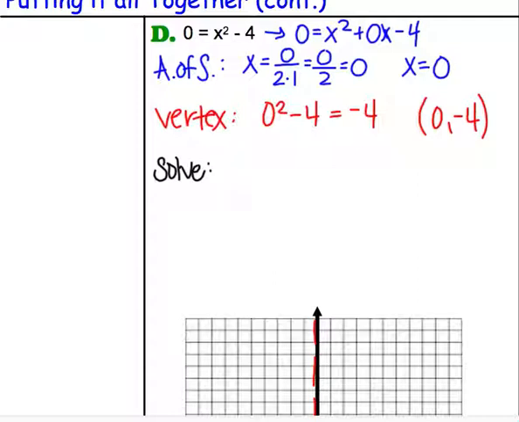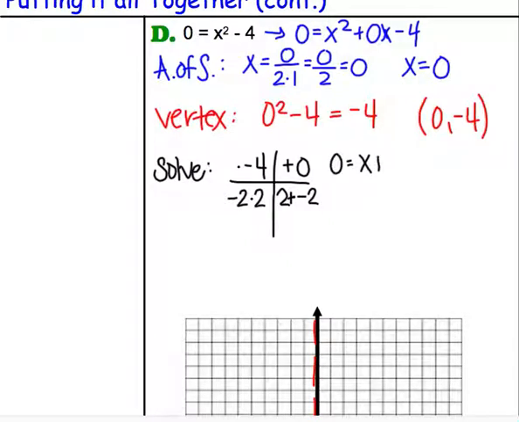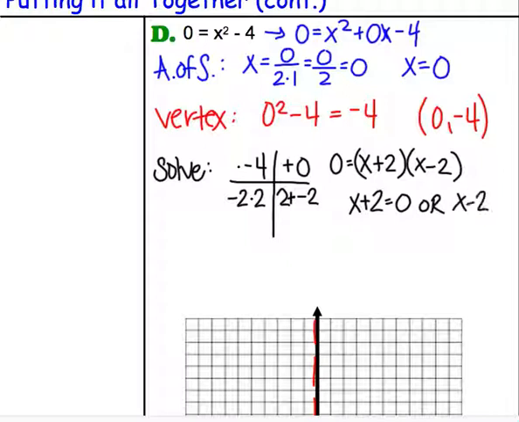If you recall, we need to multiply to negative 4 and add to 0, which means that we have negative 2 times 2, because negative 2 plus 2 is 0. That means that I've got 0 equal to x plus 2 times x minus 2, which means that x plus 2 equals 0, or x minus 2 equals 0, which means x equals negative 2 or 2.